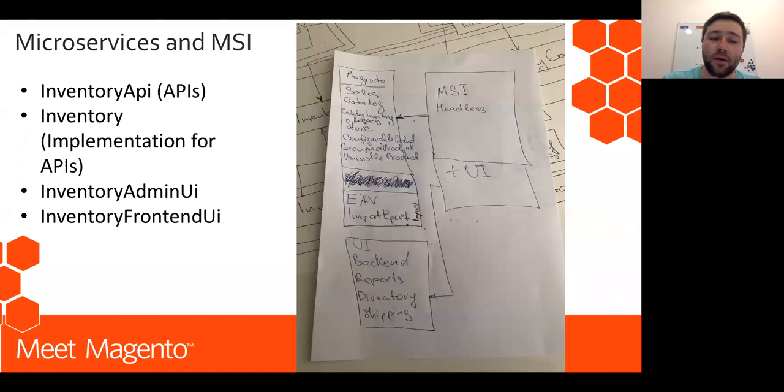So the main idea of why we have a differentiation between admin UI and front-end UI is that later we can use a different stack of technology for each. For example, for front-end UI we would use a PWA stack of technology and PWA Studio.